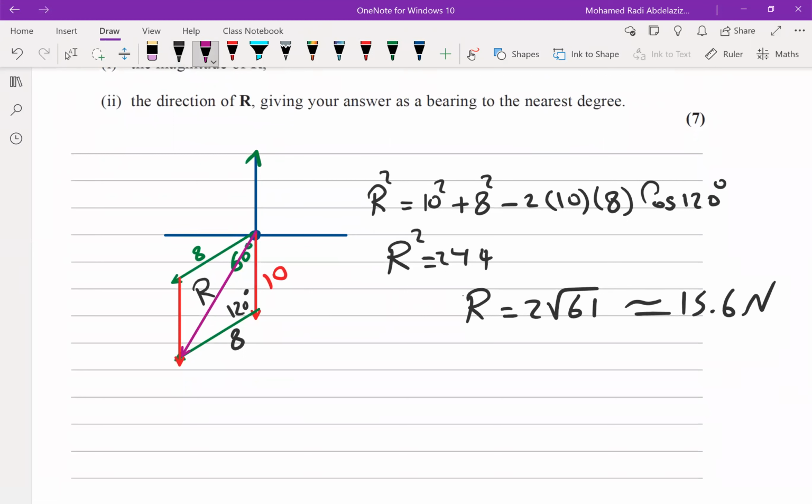You can find the direction by finding the measure of this angle. You can apply the sine rule: 8 over sine alpha is equal to R, found as 2 root 61, divided by sine 120.